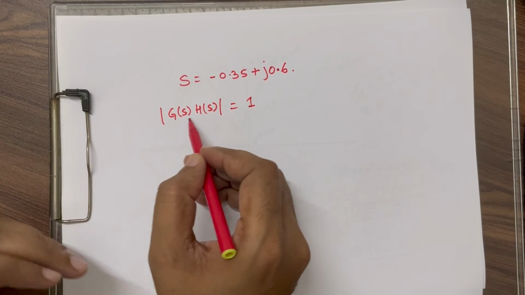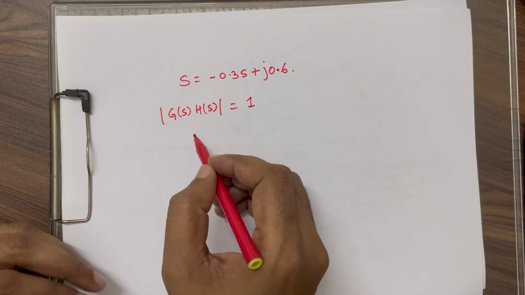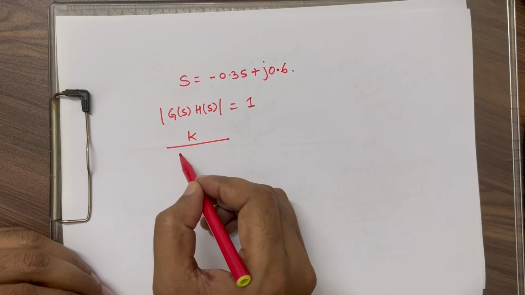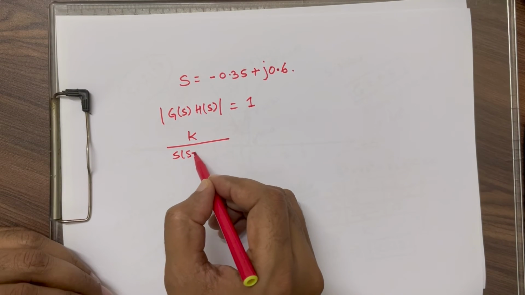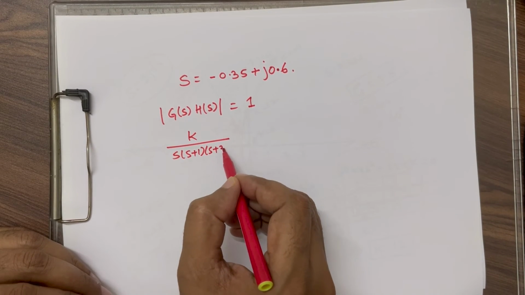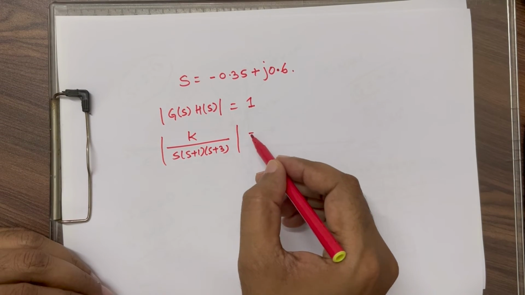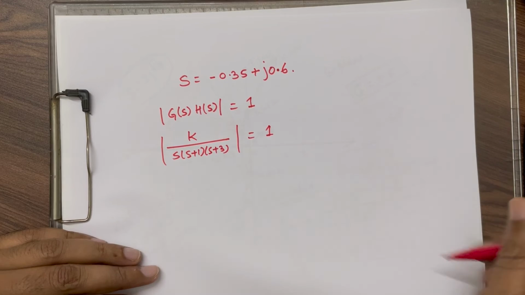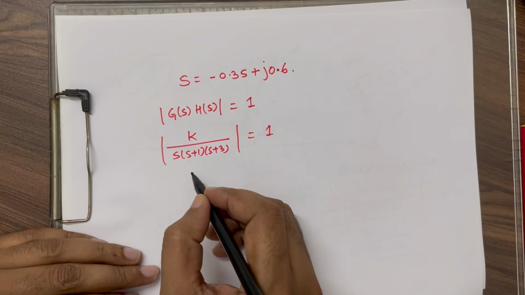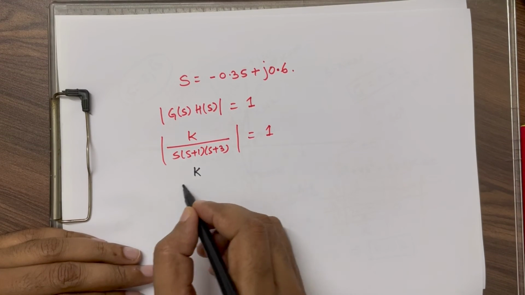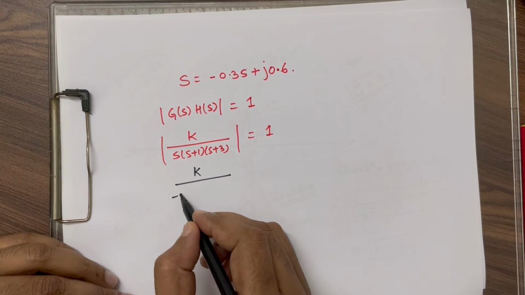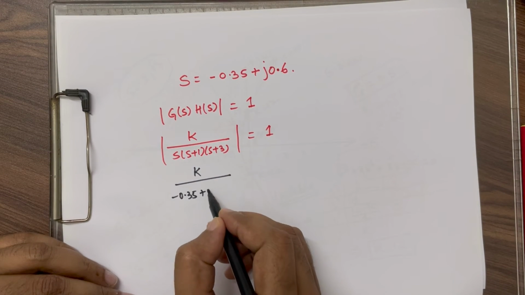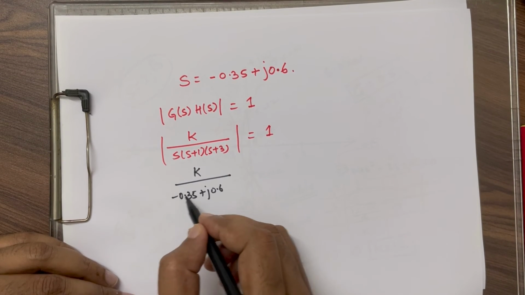So the magnitude of h of s is already 1. So the magnitude of g of s also should be 1. So k by s into s plus 1 into s plus 3, magnitude must be equal to 1. So we can find out what is the value of k. K divided by what is s? Minus 0.35 plus j 0.6.